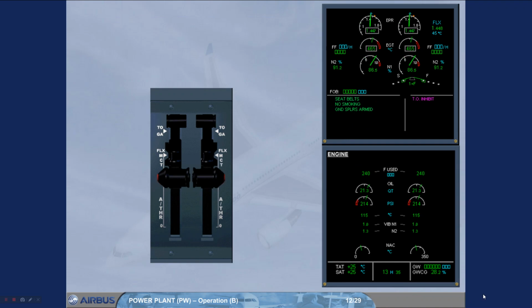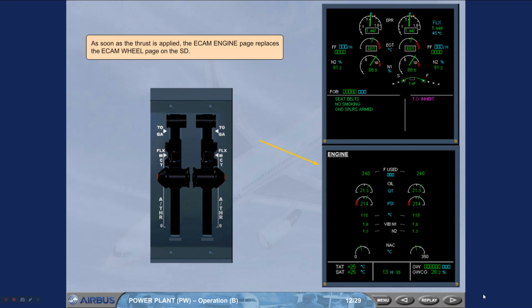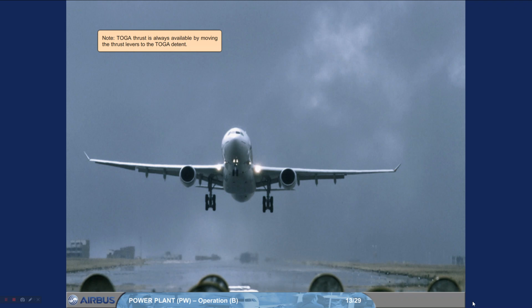As soon as thrust is applied, the ECAM engine page replaces the ECAM wheel page on the system display. Note: takeoff go-around thrust is always available by moving the thrust levers to the takeoff go-around detente.